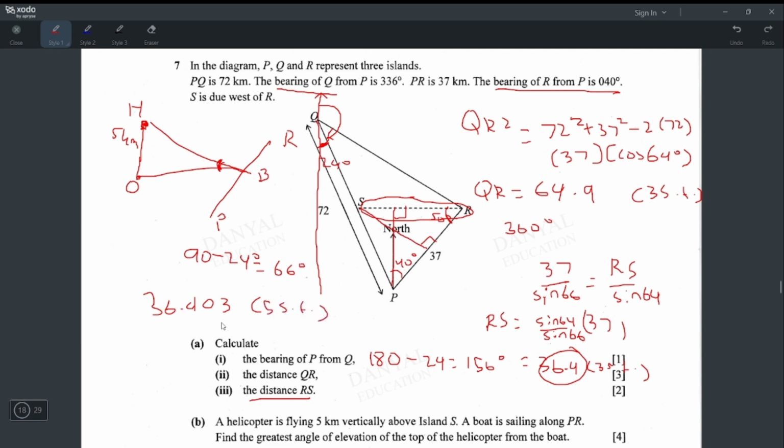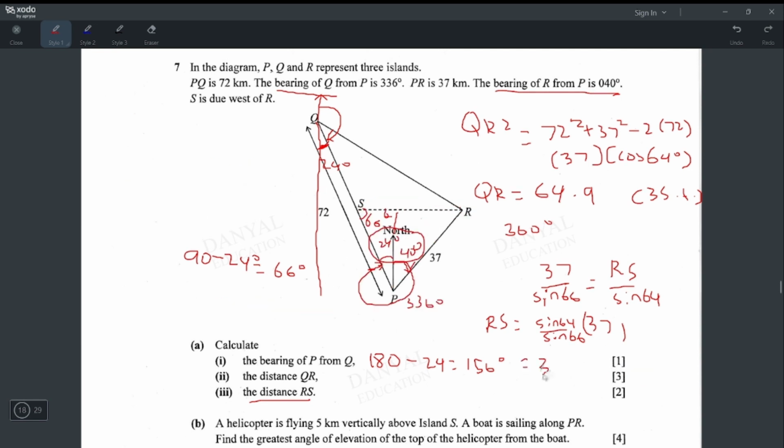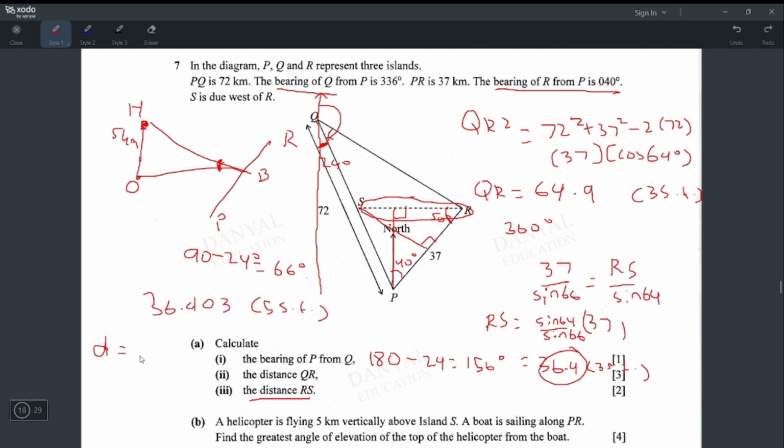And basically 36.4 is rounded to 3SF. The height, so I'm just going to call it D, is equal to 36.403 times sine 50. And that should give us 27.886, and this is 5 significant figures.